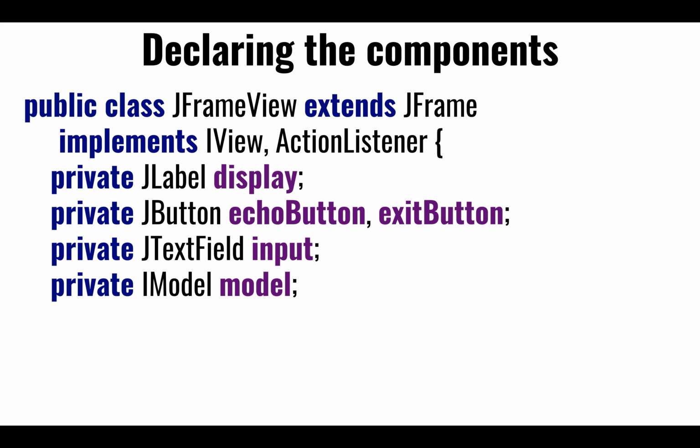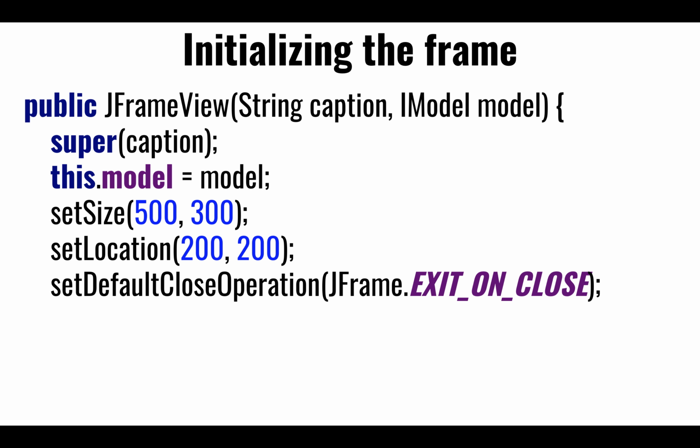Anyway, so here we have the view. Again, its responsibility: instantiate the elements, the components, the display, the two buttons that we're going to need, the text field, and unfortunately the model. We're going to keep track of the model here for this first, naive attempt. We instantiate that. In the constructor, we can initialize ourselves.